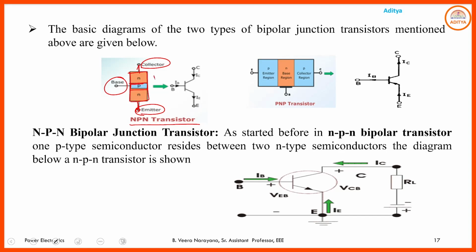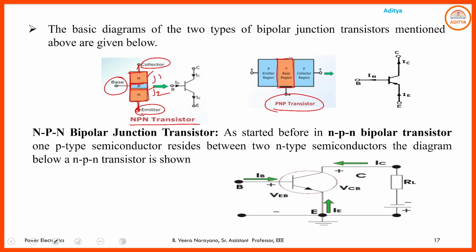Here the two junctions are J1 and J2. So it is a 3-layer NPN, 3 terminals, emitter, base and collector, and 2 junctions J1 and J2. And if you want to design the PNP transistor, one N-type semiconductor is sandwiched by two P-type semiconductors.